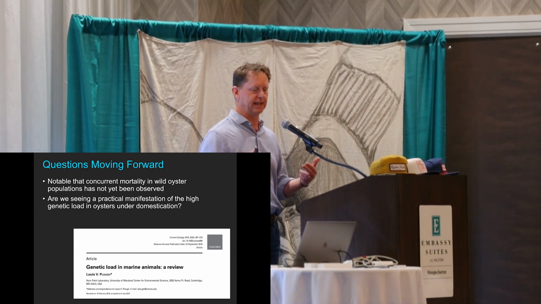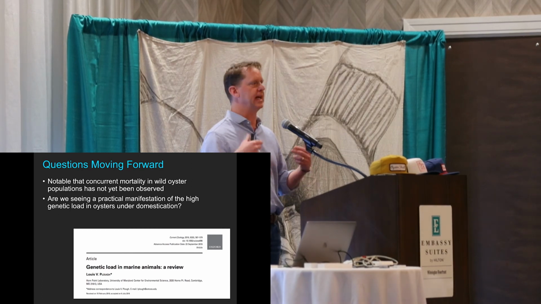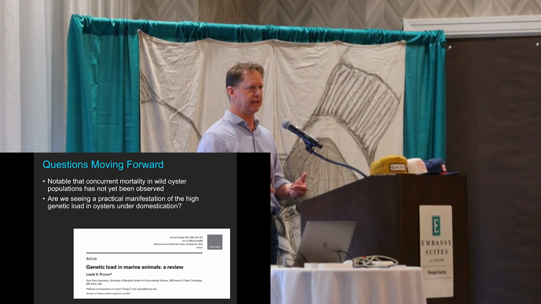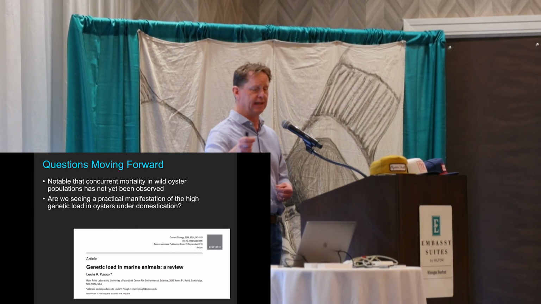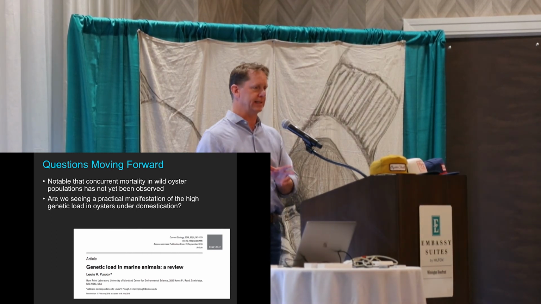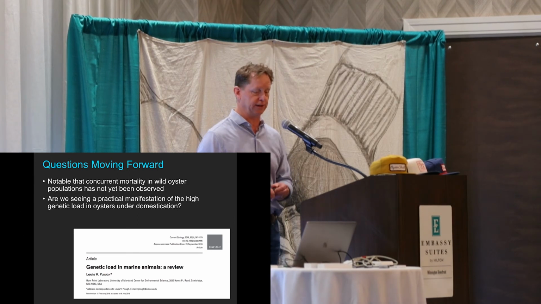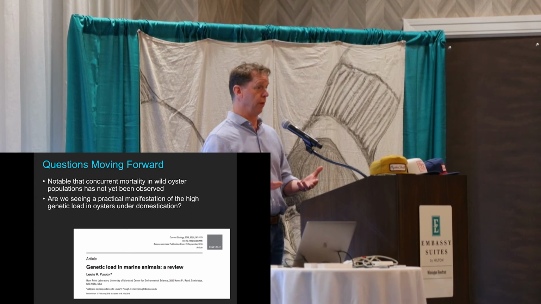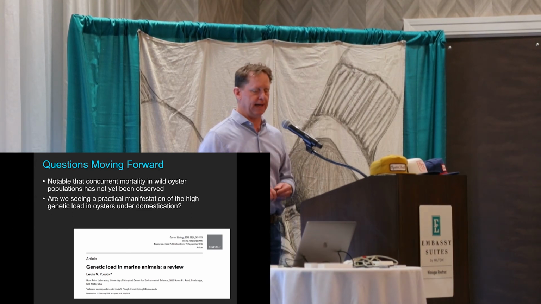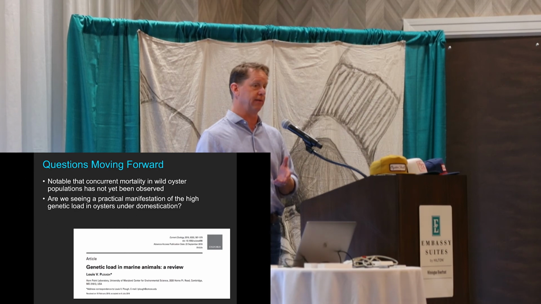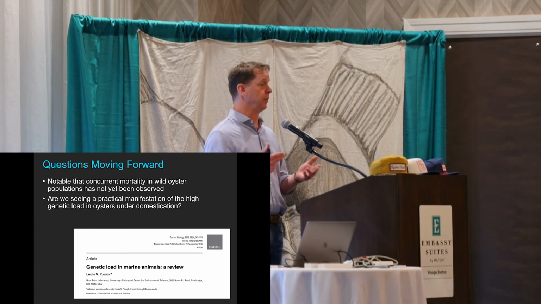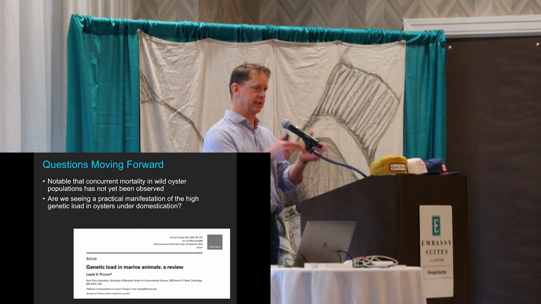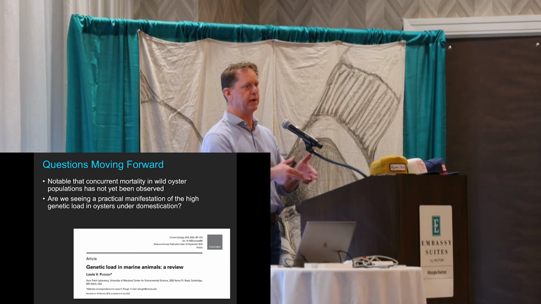This is this accumulation of these deleterious alleles that arise by mutation and that are scattered throughout the genome of these animals. We know, based on a lot of theory and genetic research, that oysters and bivalves are loaded with this burden. And is it possible that what we're seeing in the context of breeding for traits that we desire, we're selecting for these animals, we're inbreeding them to some extent?